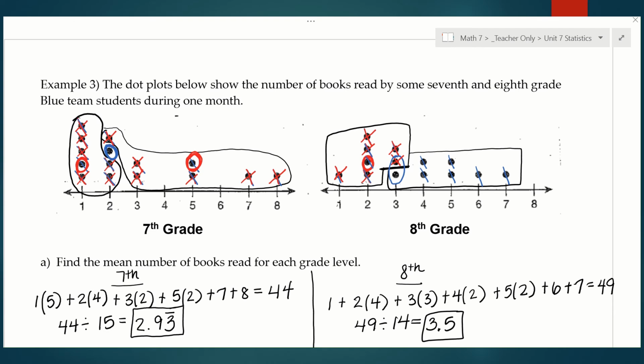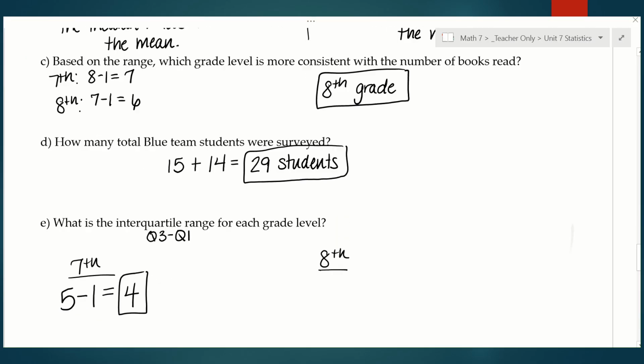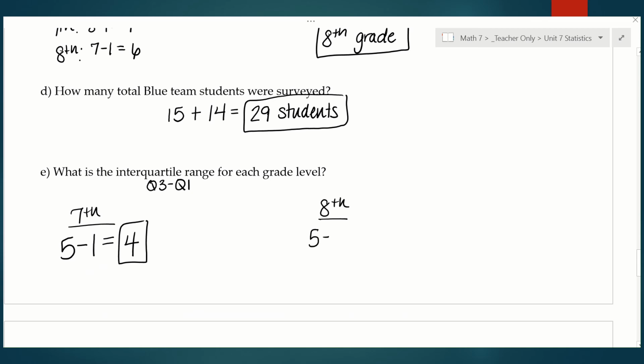Now I'm going to do the third quartile right away, and I am getting 5 for my third quartile. Okay, so I'm going to be subtracting 5 minus 2, which is 3.